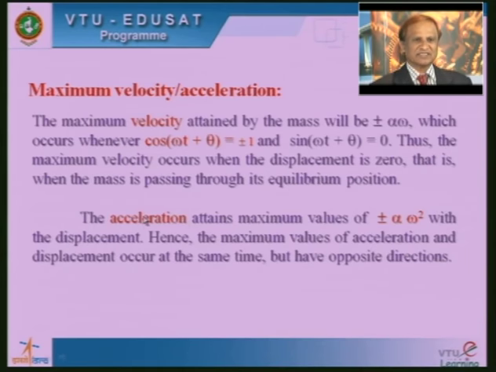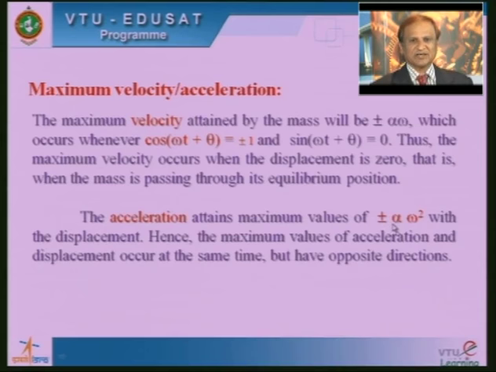In exactly the similar way, the acceleration attains its maximum values of plus or minus alpha into omega square with the displacement. Hence, the maximum values of acceleration and displacement occur at the same time, but have opposite direction.